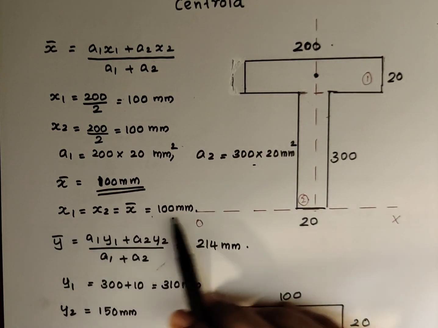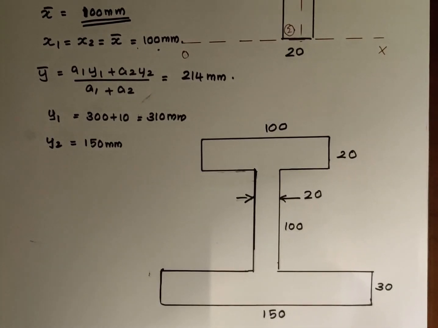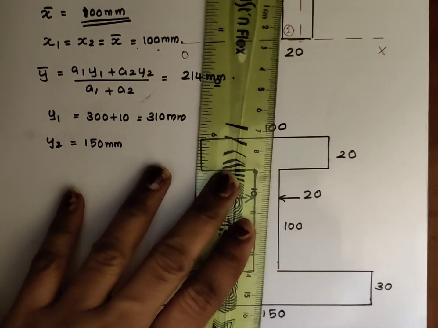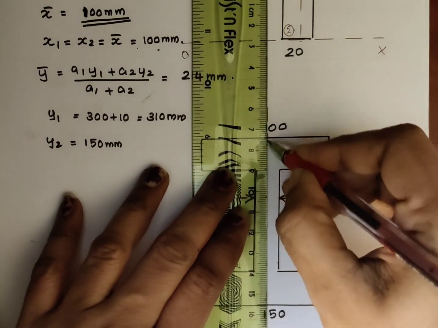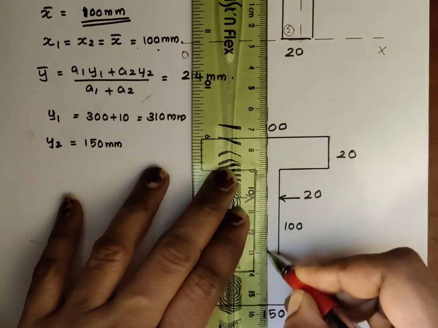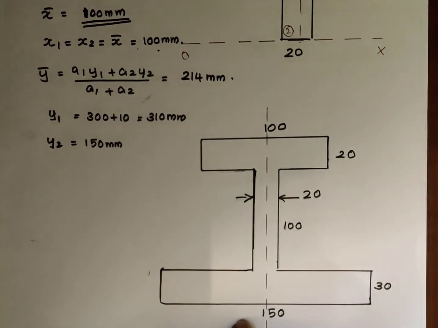Then only you can write like this. So the second figure is also symmetric about the y-axis. Here you can see the composite section as well as the simple figures are symmetric about this y-axis.